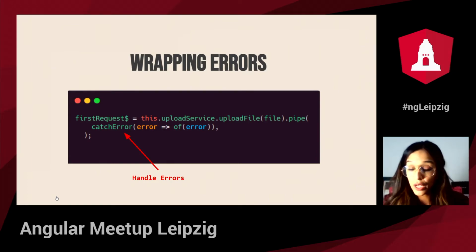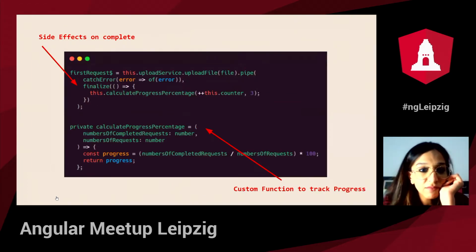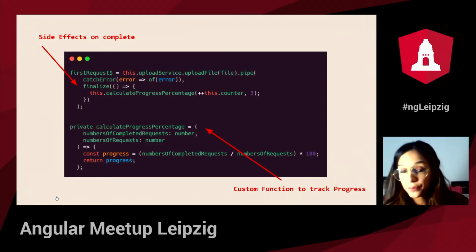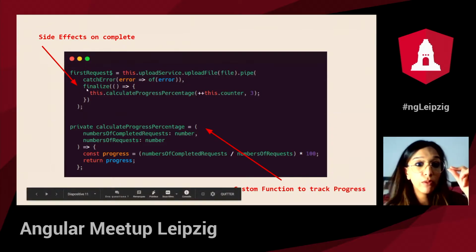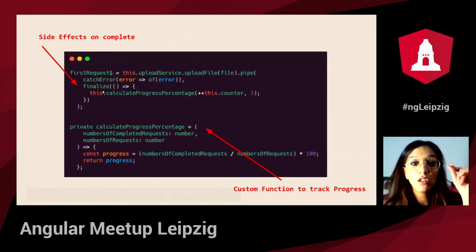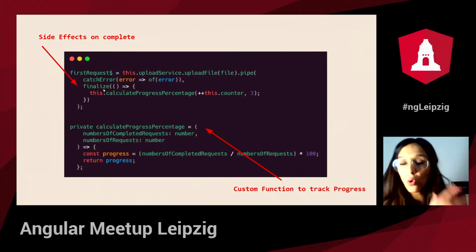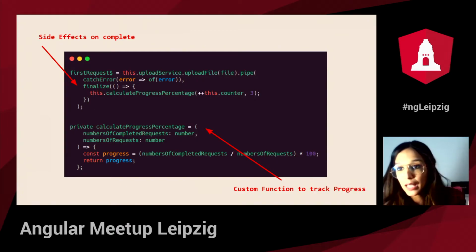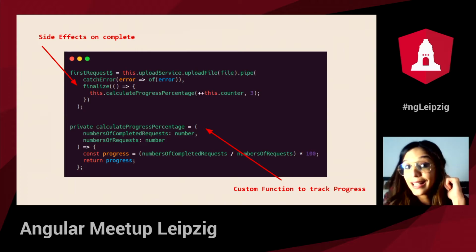In order to solve this and to execute side effects when your stream completes, you can use the finalize operator. With every created stream, you can just call the finalize operator to put in your custom behavior and call your process.